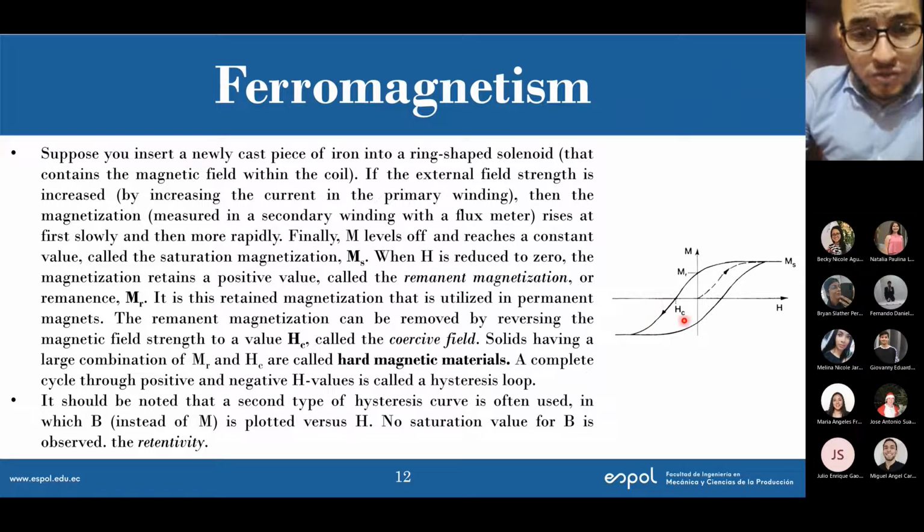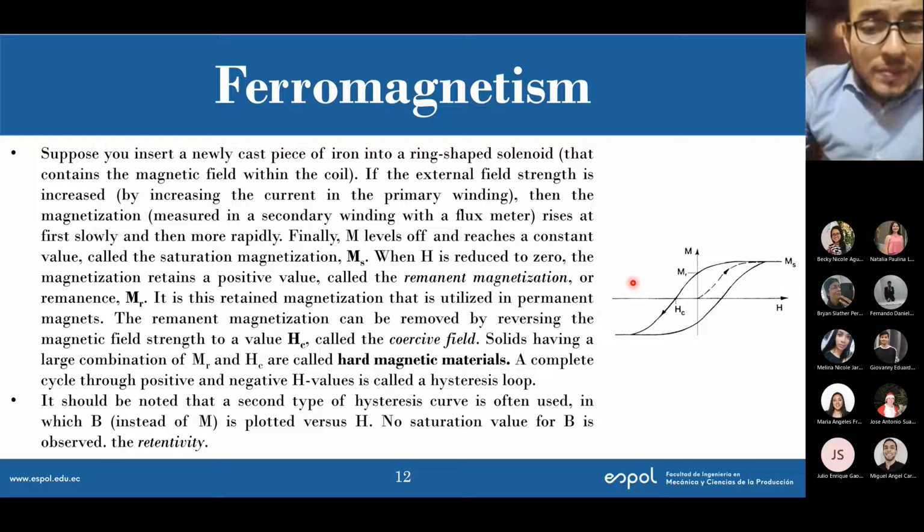Once I get to that coercive field, my magnetization becomes 0. Then I can keep doing that, reversing the field completely, for example, and then going back again, and I can actually form a loop, a hysteresis loop of magnetization.